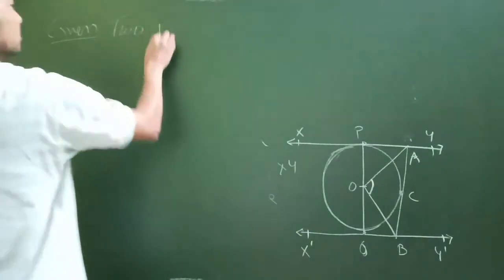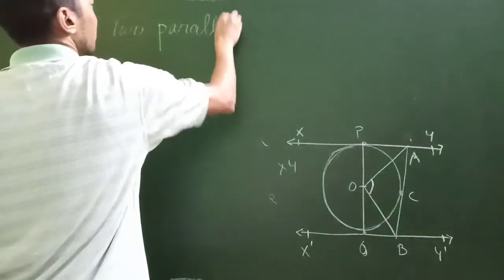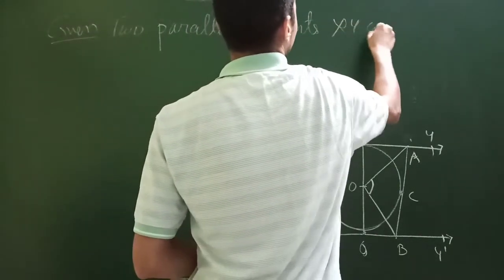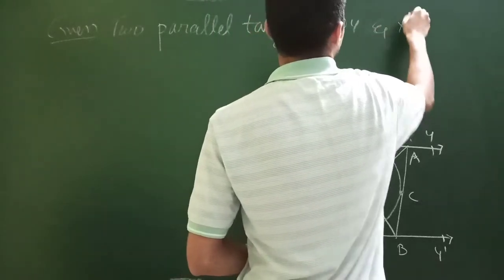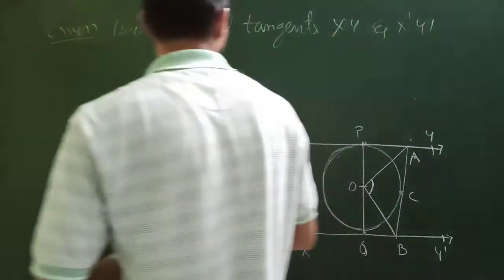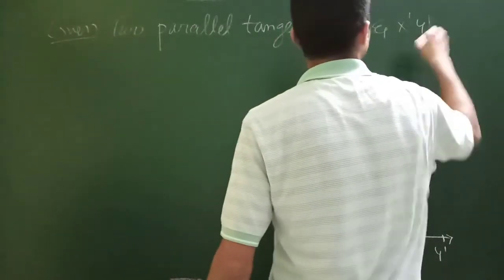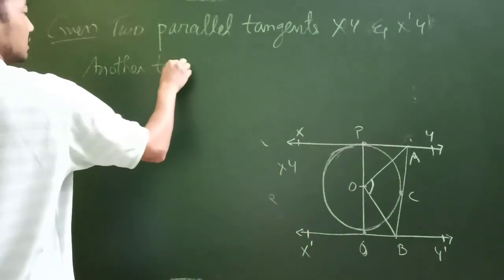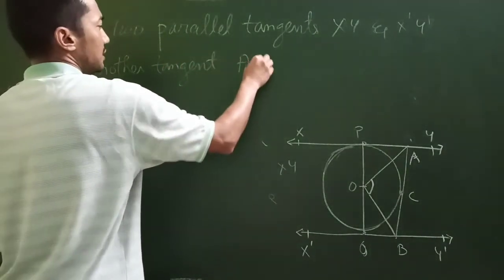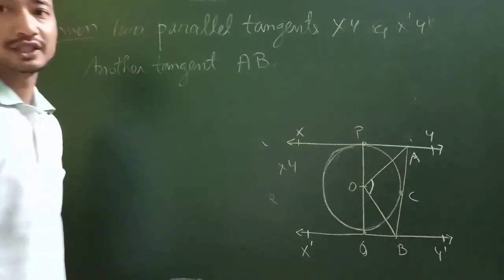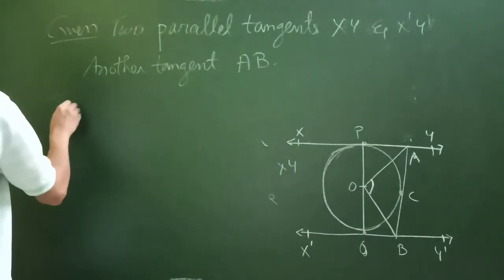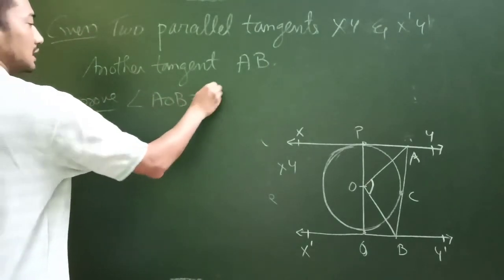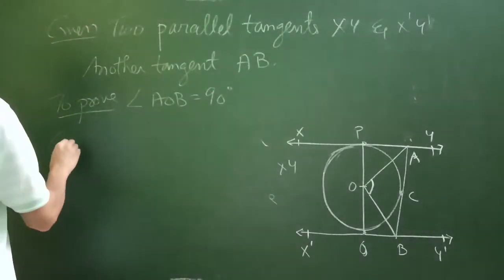Two parallel tangents XY and X'Y', another tangent AB, to prove. Let's first write down what we have to prove. After that we'll discuss the construction.